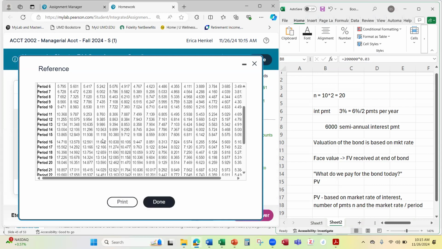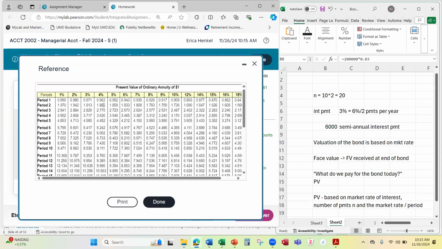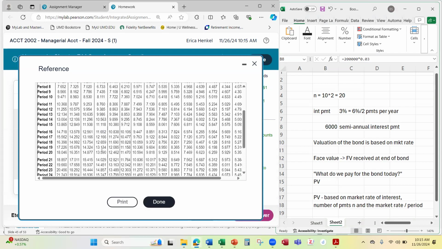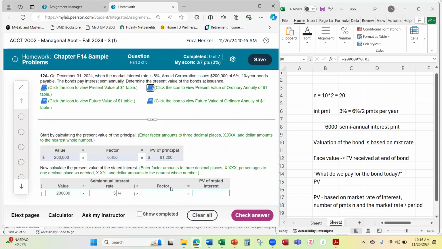So that will determine the value here. Looking at the 4% column, which is the 8% divided by 2, we have a factor of 13.59 here. So we're going to go ahead and plug that in.